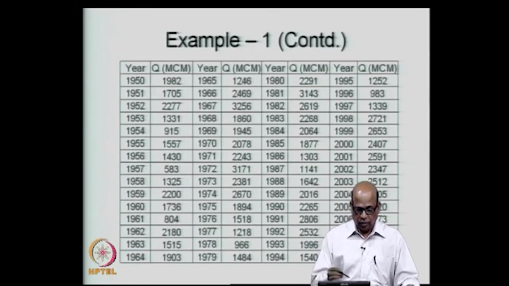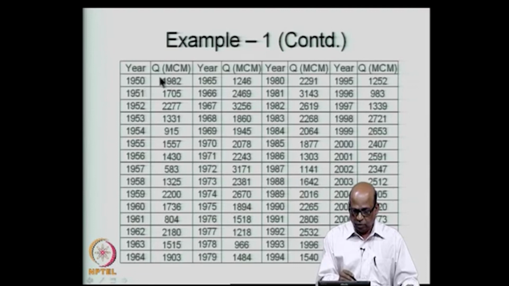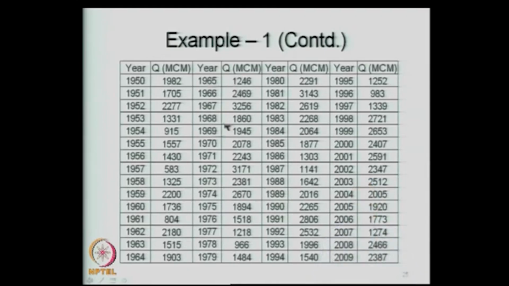Now, this is the data from 1950 to 2009. So, 59 plus 1, that is 60 years of data. These are the annual maximum discharges in million cubic meters. So, this is the year and this is the value.